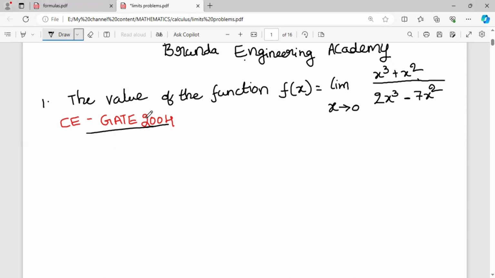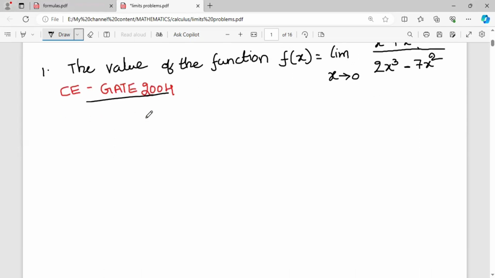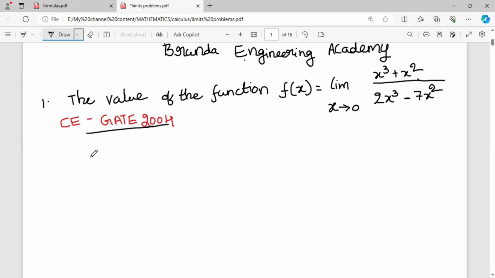For this type of problem, first take f(x) equal to limit of (x cube plus x square) by (2x cube minus 7x square). First you have to check x tends to 0. If you substitute 0 cube plus 0 square over 2 into 0 cube minus 7 into 0 square, then you get 0 by 0, which is indeterminate.